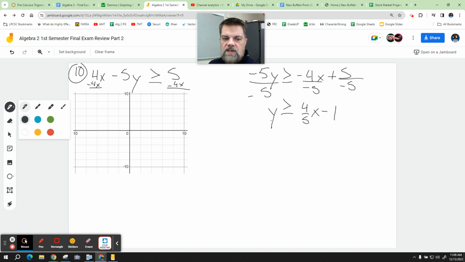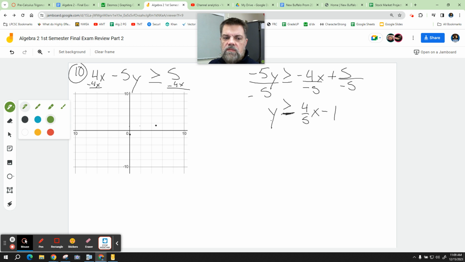So to graph this, I'm going to go down to negative 1. Now, they're counting by 2's on this graph, so my negative 1 is going to be here. But then I go up 4, so I'm going to go up to here, and then over 5, which would be 2 for right here. Then, because I have a straight line, it would have to be solid.